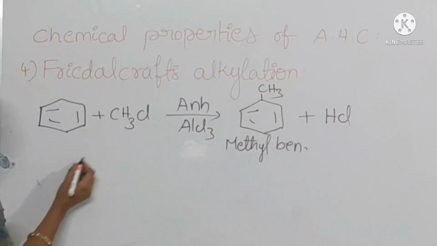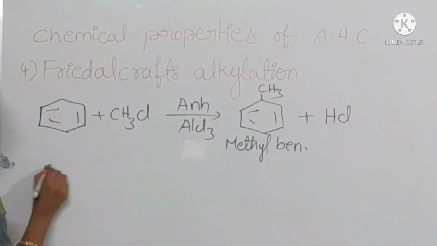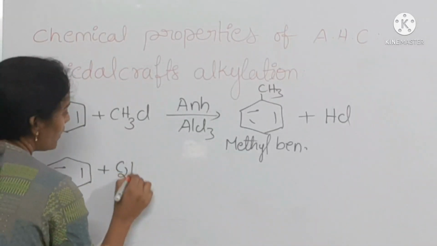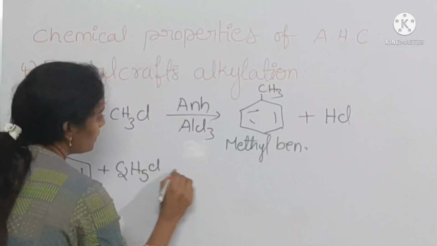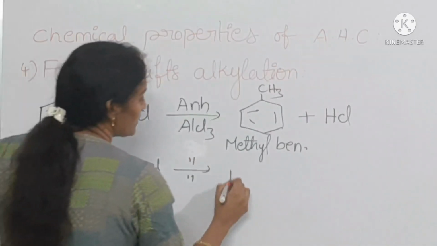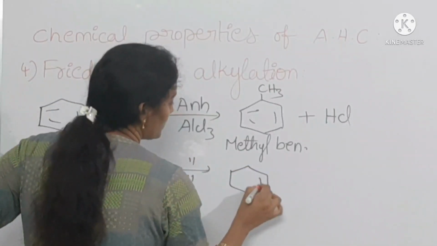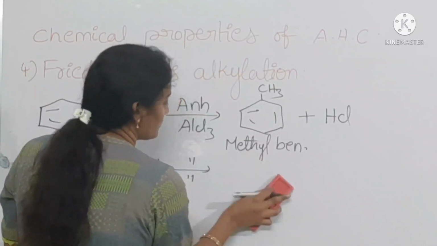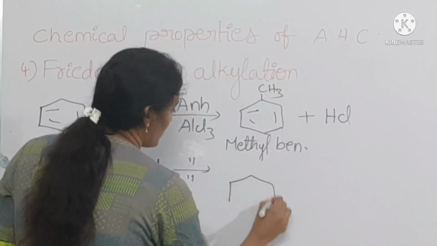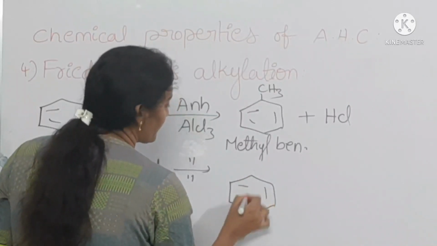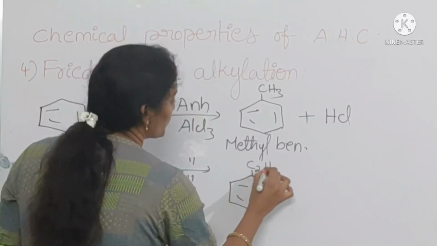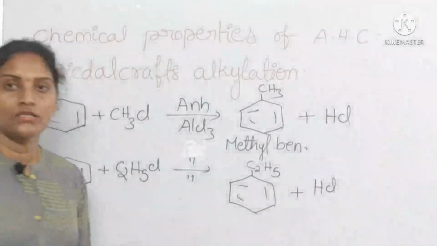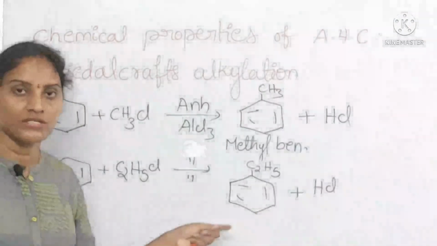Instead of methyl chloride, you can take ethyl chloride, C2H5Cl, with the same anhydrous AlCl3. Then ethyl benzene, C2H5, will be formed. Here also HCl will be liberated. This is the ethyl benzene.